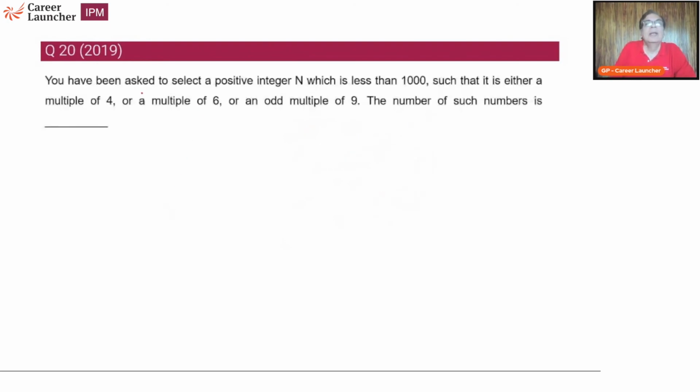Question 20, you have been asked to select a positive integer n which is less than 1000 such that it is either a multiple of 4 or a multiple of 6 or an odd multiple of 9. What is the number of such numbers? What are you supposed to do? Something which you studied in numbers, class 9, 10 topic. Okay, what will you do? Find multiples of 4.